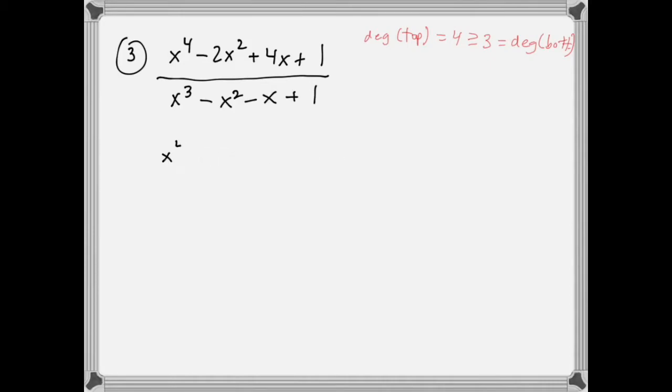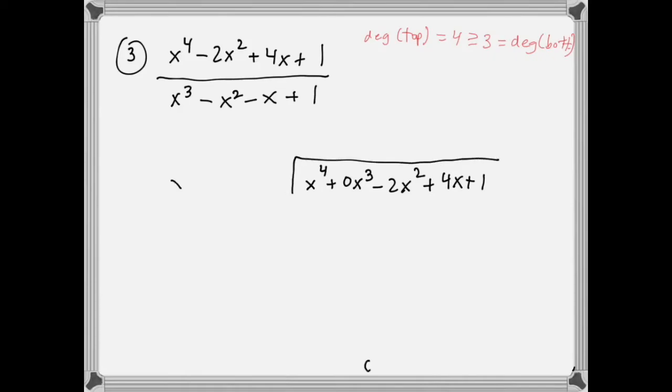I apologize. Let's try this one more time. We have x to the 4th plus 0x cubed minus 2x squared plus 4x plus 1, and we're dividing by x cubed minus x squared minus x plus 1. There we go. So now let's do each one at a time.